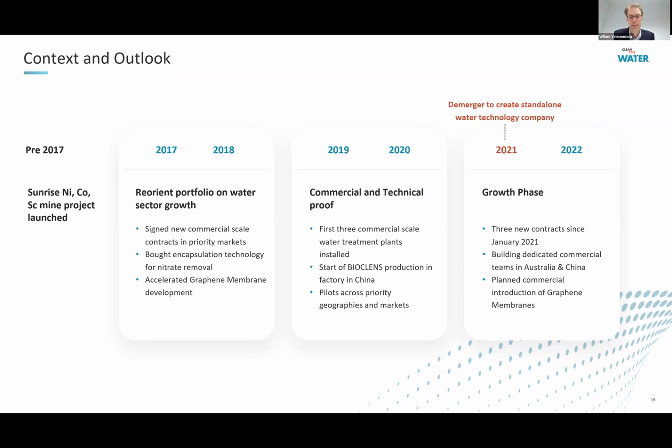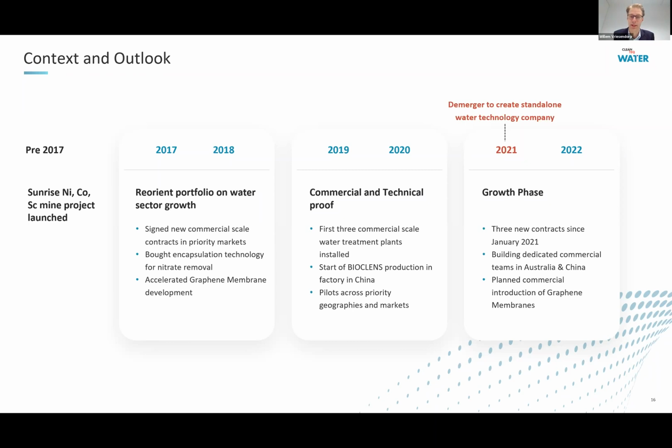And around 2007, we also looked at our water portfolio and reoriented that towards the model we're now pursuing, which is provide integrated technology solutions. So we did that by putting our patents together, also improving some areas, doing more testing and piloting, and even buying some additional patents we felt fitted very well with our current portfolio.